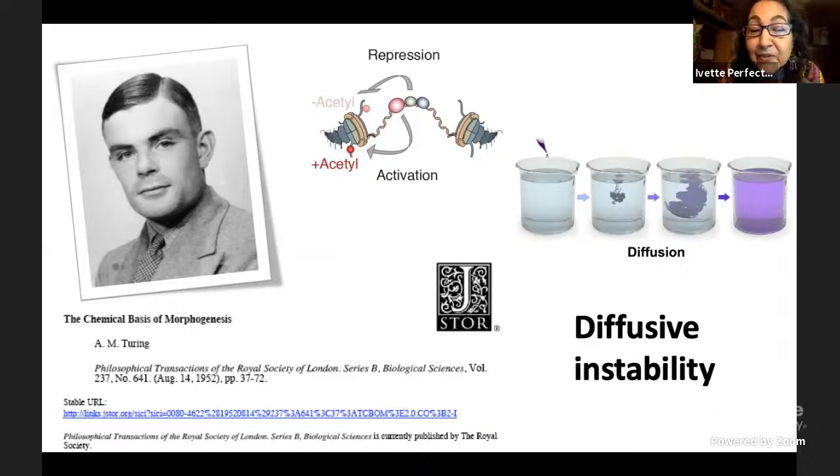However, Turing demonstrated that if the repression force diffuses at a faster rate than the activation, then a non-random pattern of some sort will develop. And this is what he called diffusive instability.